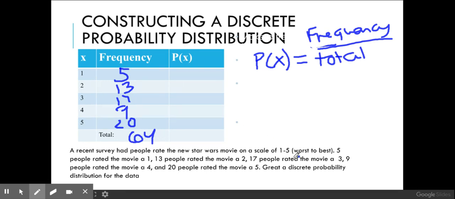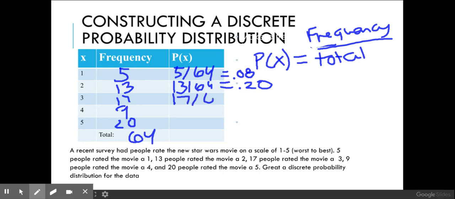So my P of X here is going to be 5 over 64, which equals 5 divided by 64, 0.08. My next one is 13 over 64, which equals 0.20. Next, 17 over 64, which equals 0.27.